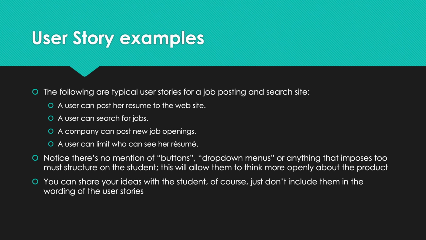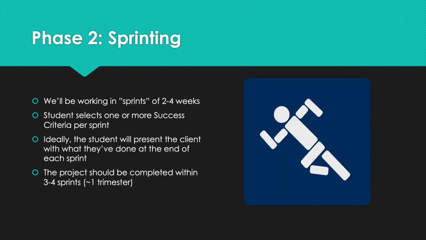Maybe having a button of some sort is the best idea, but not being committed to that right off the bat is what's important. So of course, during your interview with the student, you can share any ideas you have of what you imagine a system like this looking like, but what's important is to not impose those by putting them in the wording of the user story.